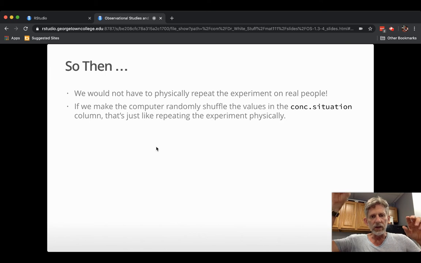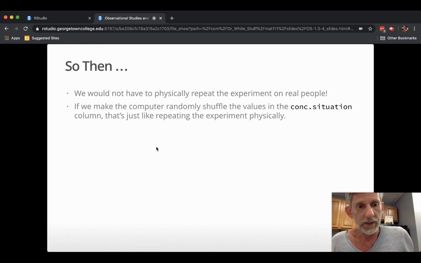We can leave the const decision column alone, but we can take the const situation column and just shuffle around the values in it. And that would be like repeating the experiment again.